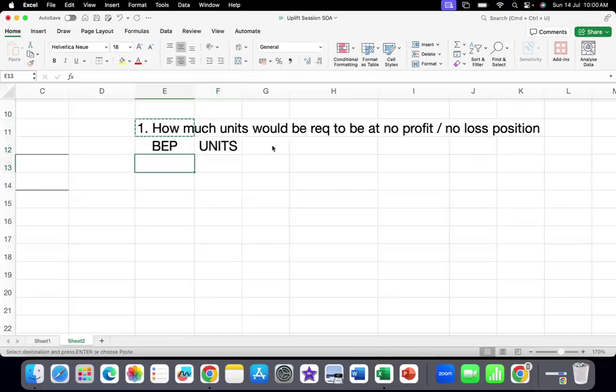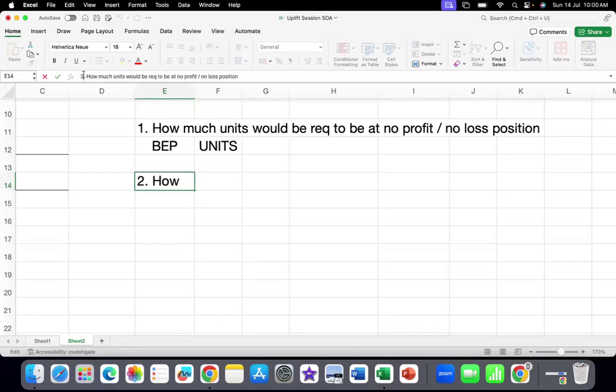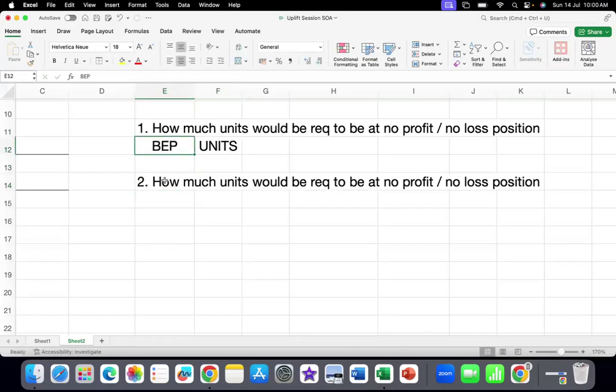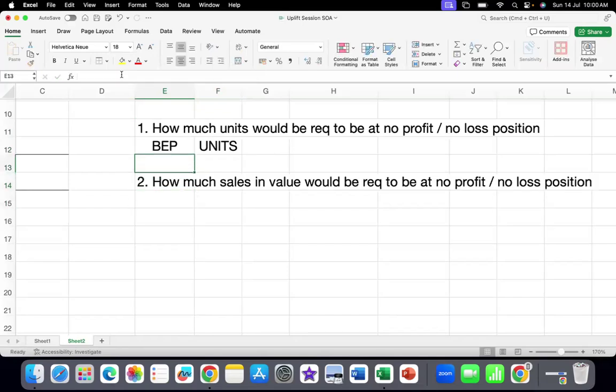Or there could be a situation wherein the management asks, look, you need to tell me how much sales in value would be required to be at no profit, no loss position. This is called BEP in dollar or BEP in value. So how much is the break even point? If you sell this much, you will be at a break even point.